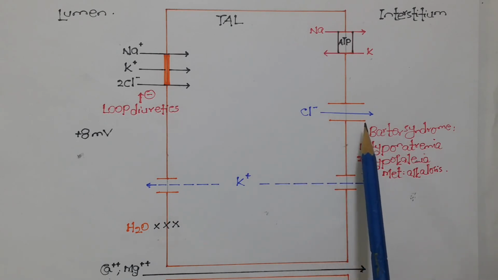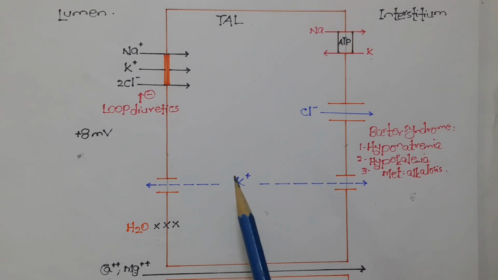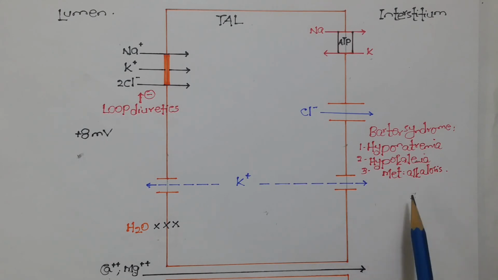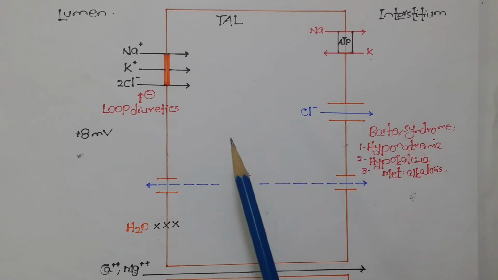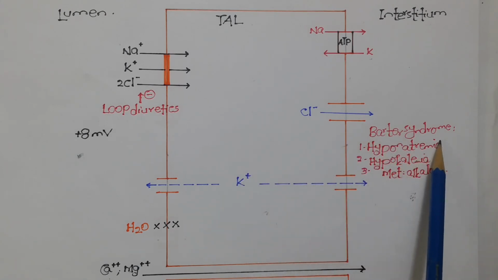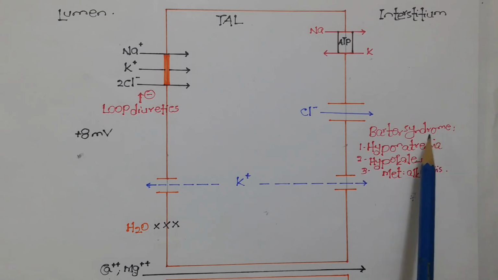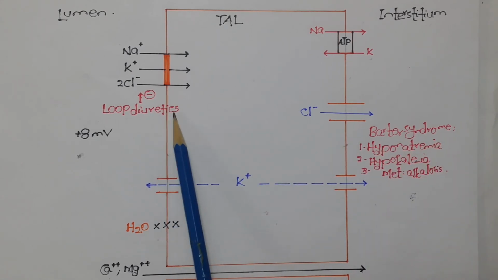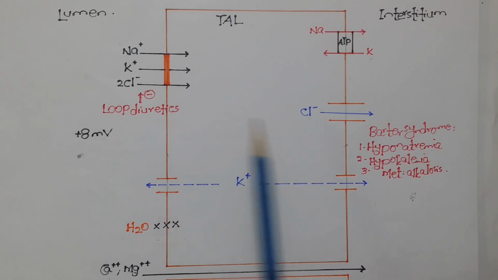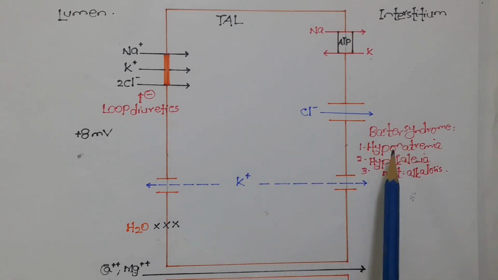As a result, the dysfunction of these channels causes the subject to lose sodium and potassium in urine, and at the same time causes the risk of metabolic alkalosis. So what you need to know: loop diuretics and Bartter syndrome are functionally similar, except that the use of loop diuretics is an acquired disorder and Bartter syndrome is an inherited genetic disorder.